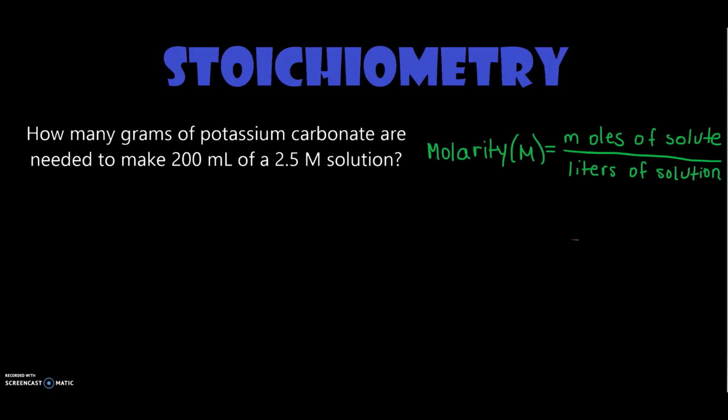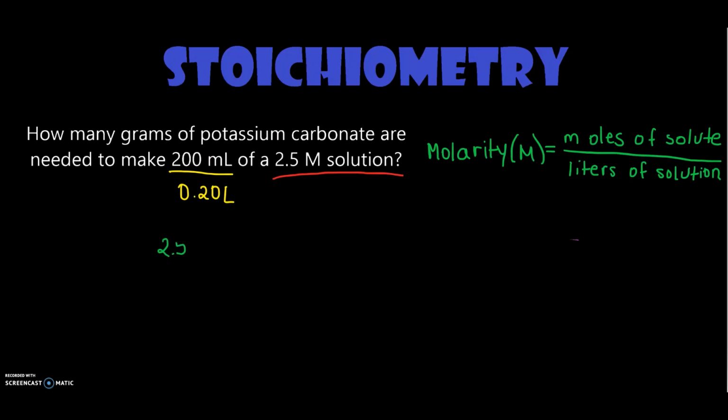And we will be determining the number of moles of solute in this problem that we'll start to solve, as we are given the molarity and the volume of solution, such that the given is 2.5 molar and 200 milliliters is the other given. But we cannot use milliliters in this equation. We will have to use liters, so we will convert it to 0.20 liters, as 1 liter equals 1,000 milliliters.